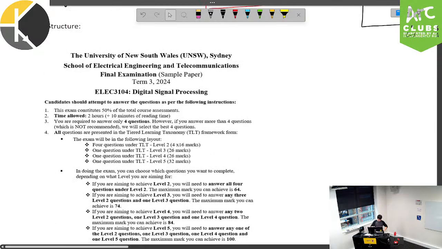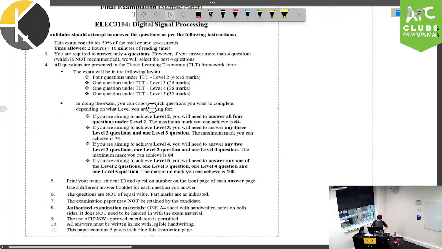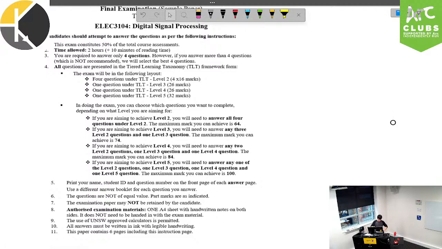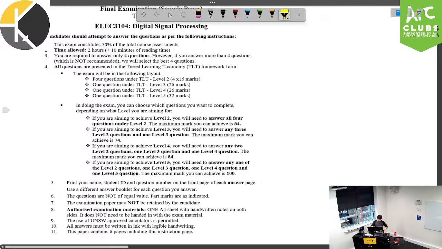So things to note, this final does have a fair bit of weight behind it, but we do get what you might say sufficient time to answer 4 questions, okay? The biggest crux of this exam and this course is the TLT structure. So as a tiered learning taxonomy, AMBI has given everyone the option to put in as much effort as they feel, and so marks are split accordingly.